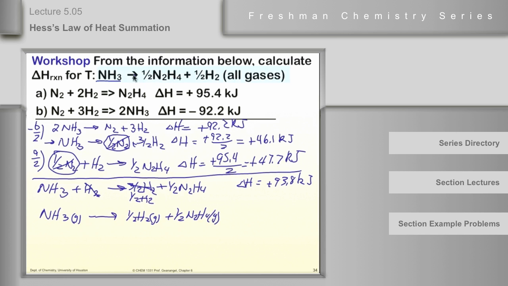Hess's equation has given us a miracle. We have the target equation. This is it. So delta H for this is equal to plus 93.8 kilojoules. This is an endothermic reaction. We're going from a more stable compound to a less stable compound, so that's uphill.